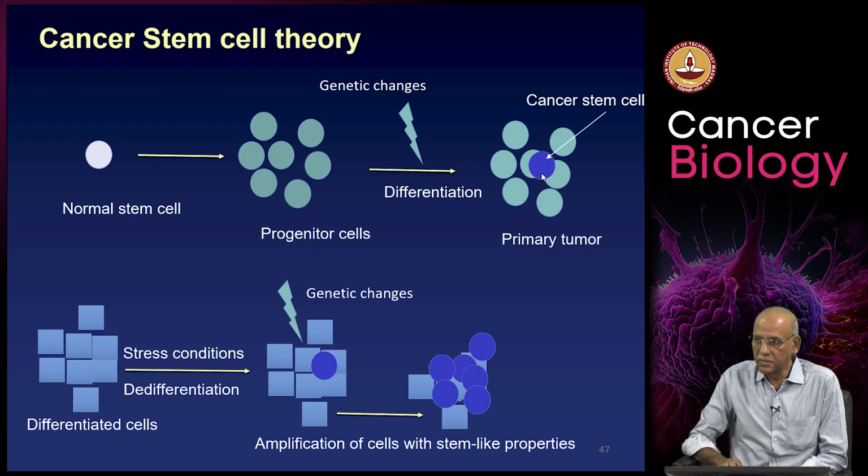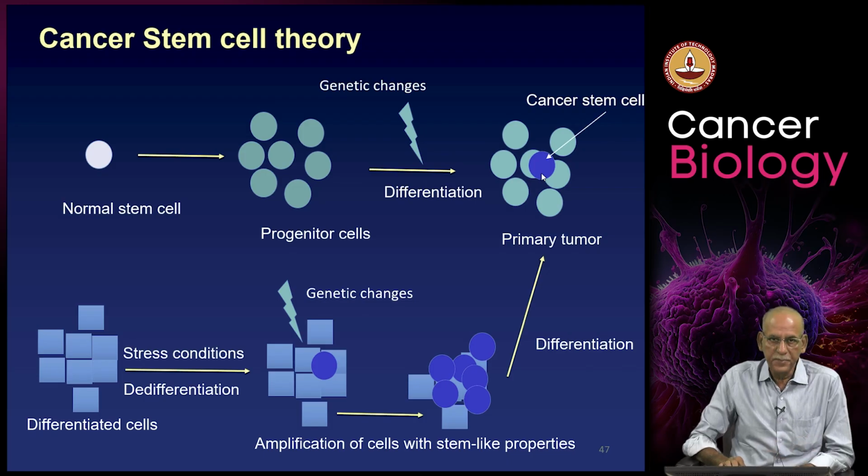So, this is also possible, and then they may also be converted to cancer stem cells. So, cancer stem cells may arise from normal stem cells or from other differentiated cells also. So, they can have different origins. These are thought to be cancer initiating cells.